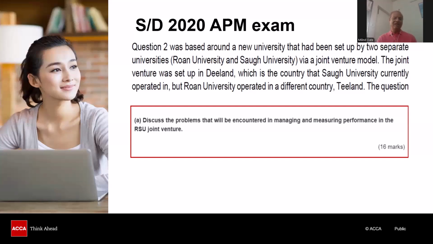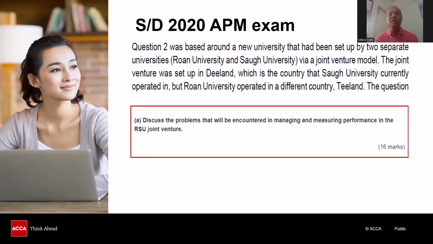Now again, if the students have prepared very well on all parts of the syllabus, they are so enthused to go on writing whatever they know about a joint venture. That's the danger. Because that approach would not lead you to get marks.